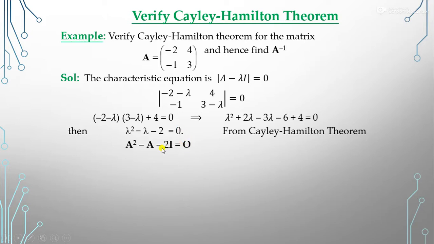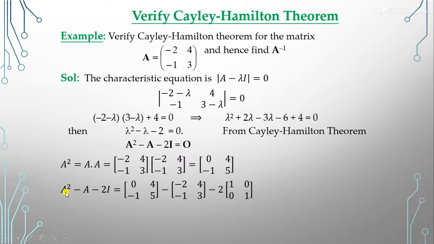Now to verify the Cayley-Hamilton theorem, we just calculate our left hand side, and if we get 0, it means that our Cayley-Hamilton theorem is verified. For this, first we need to calculate A square, and A square is A multiplied by A, so we do the matrix multiplication here. After that, we put our values in the left side: A square minus A minus 2I.